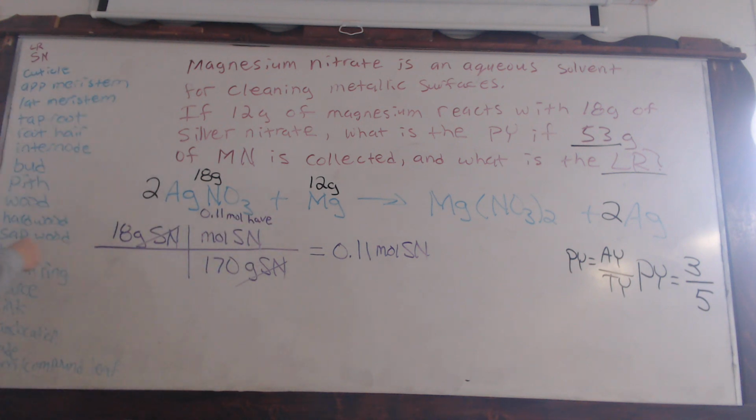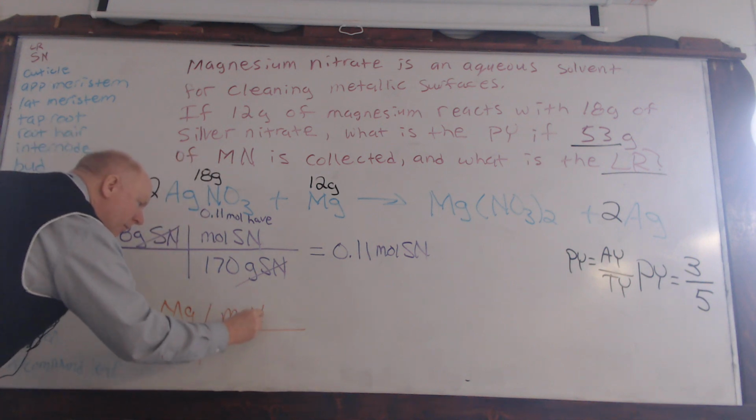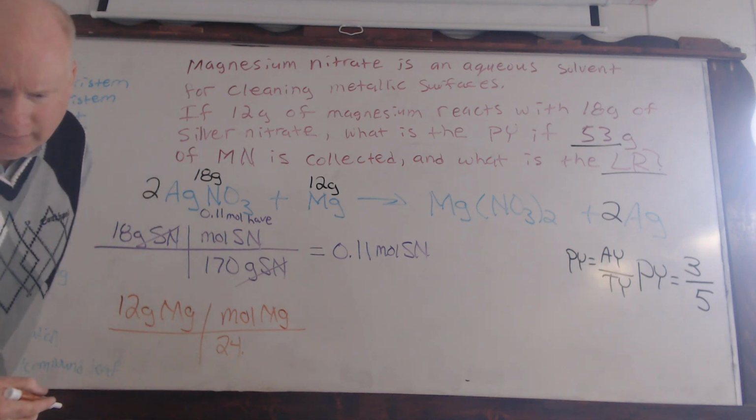Okay? So we're going to do the same thing for our magnesium now. So for every 12 grams of magnesium, okay, we're going to get a mole of magnesium for every 24.330.